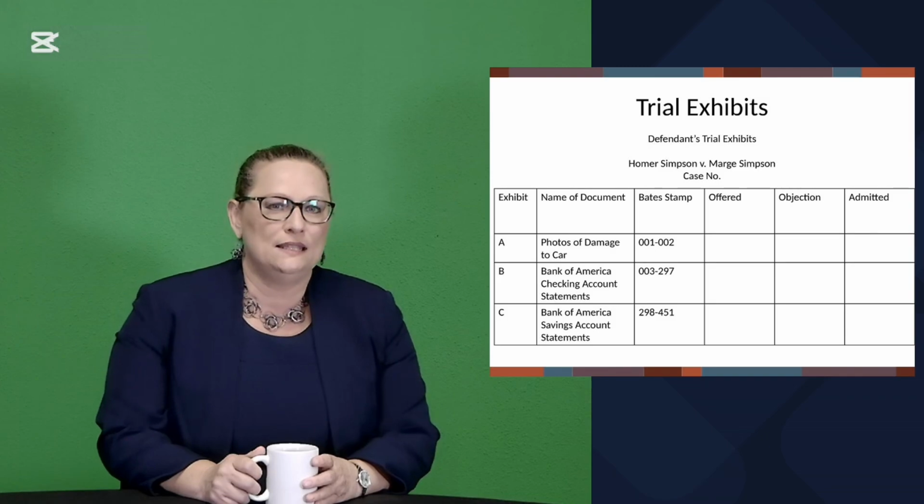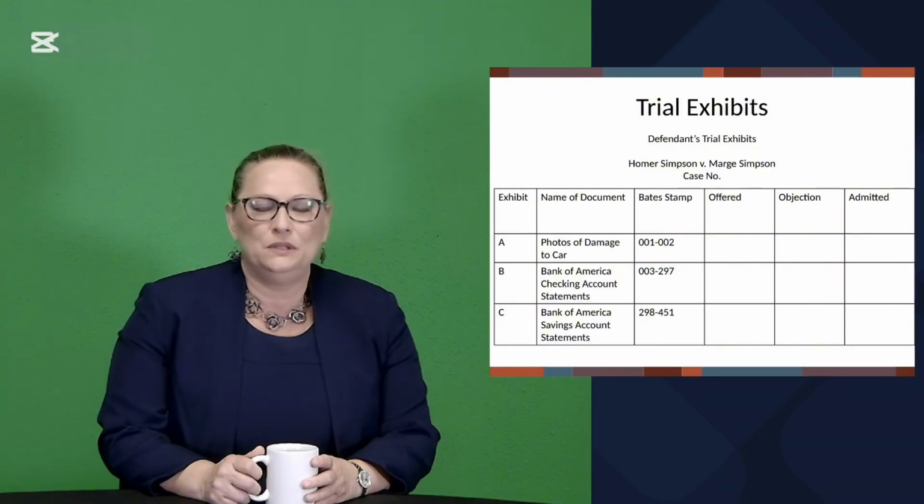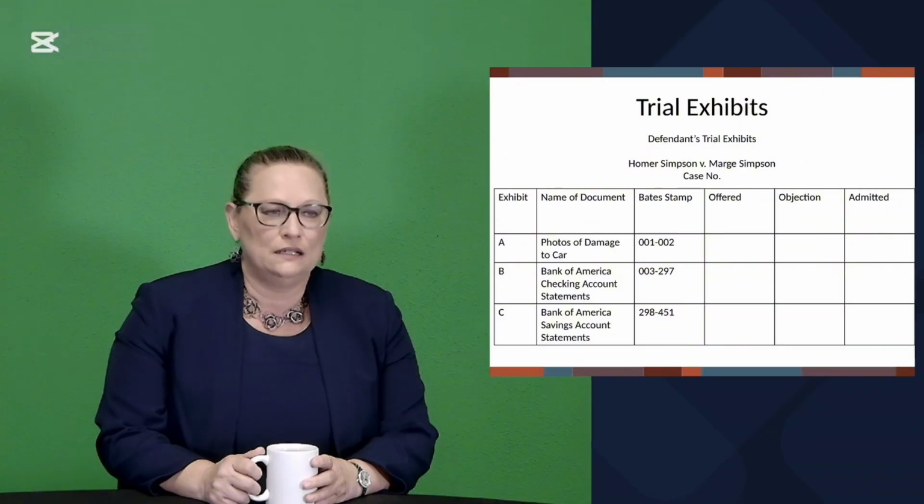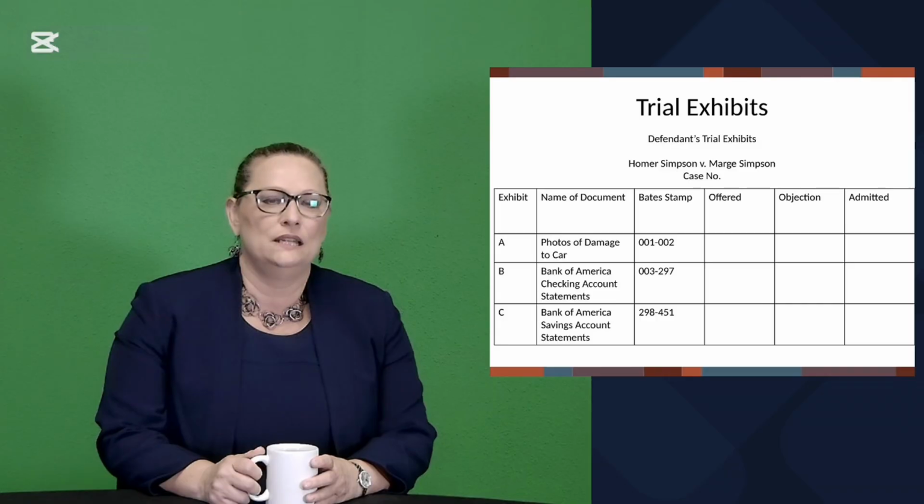One is that the parties stipulate that they're admitted into evidence. So maybe at the beginning of the trial, the judge will say, do you guys stipulate to any exhibits? And if so, then you list off which exhibits got stipulated to, and then those are admitted into the record. And from that point forward, they are in the court record and the judge can look at them.